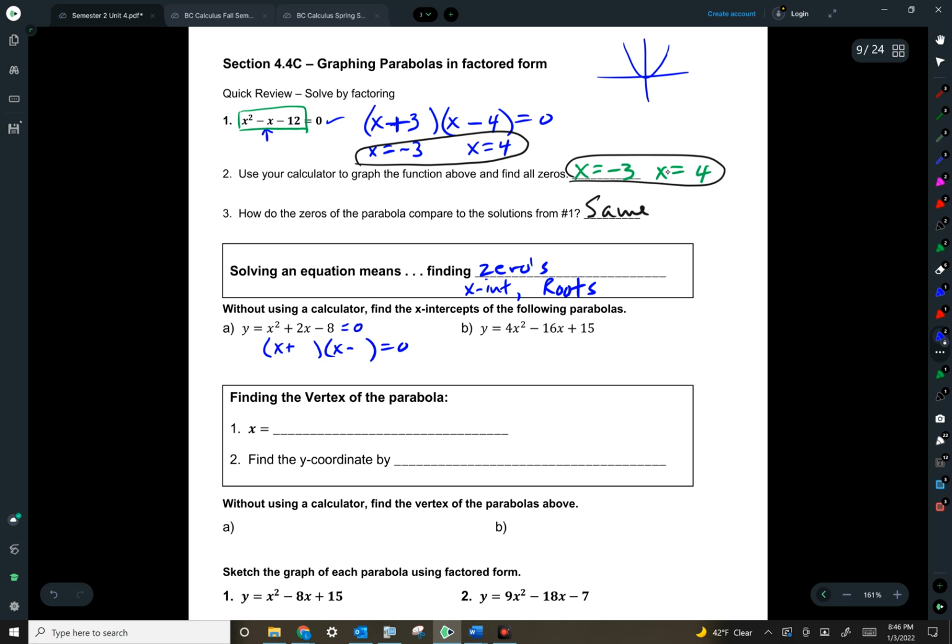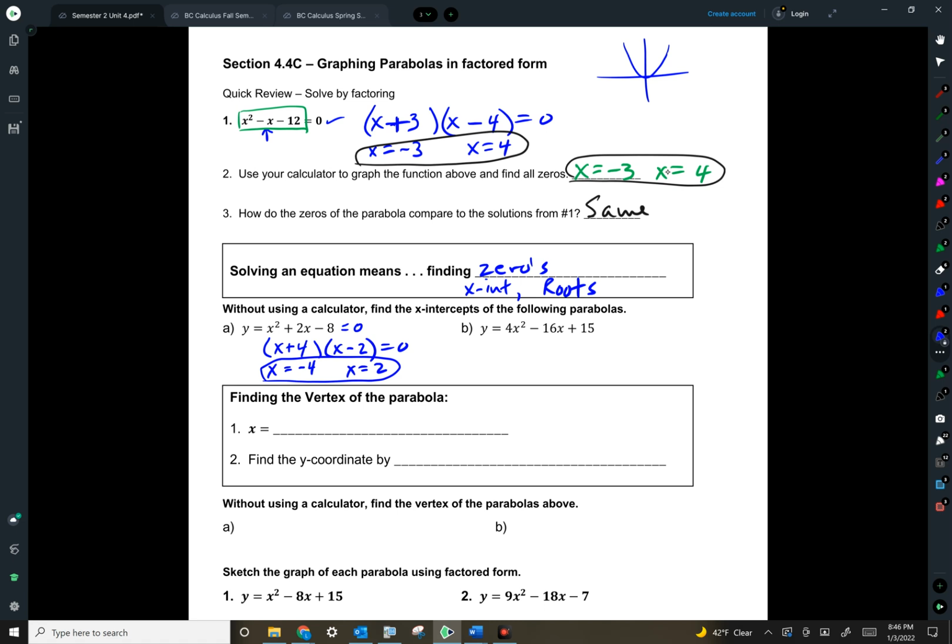In order to get that +2, I think I'll go with a +4 and a -2. Check it, outer and inner, that's going to give me +2 in the middle. And if I finish solving, x equals -4 and x equals 2. Since those are the solutions, that means those are the x-intercepts of the parabola. That's where the parabola crosses the x-axis.